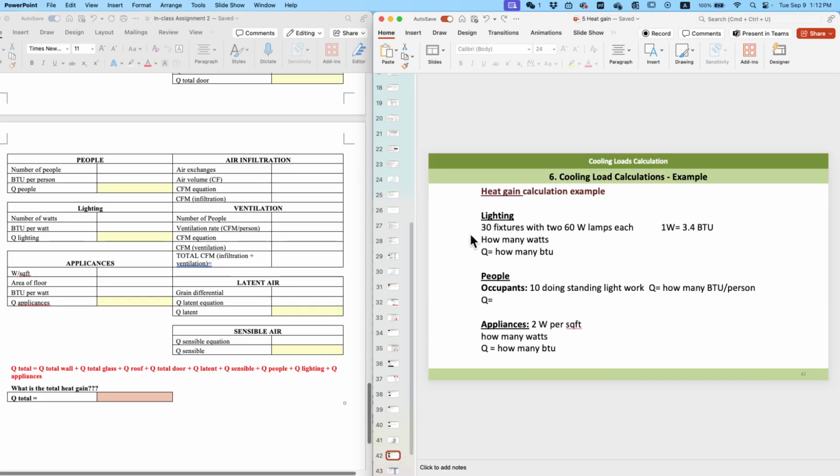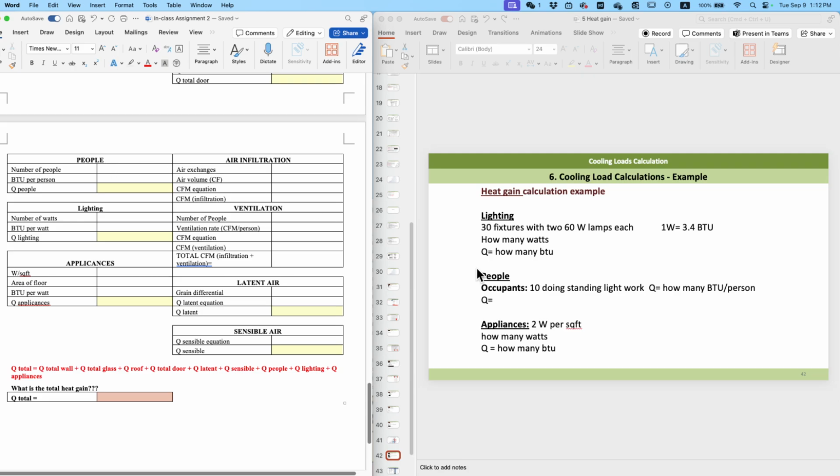Internal heat gain includes lighting, people, and appliances. So first, let's see the people. The given information is that occupants are 10 people doing standing light work. So how many BTU? For this one, the number is 10. And how do we find BTU per person?